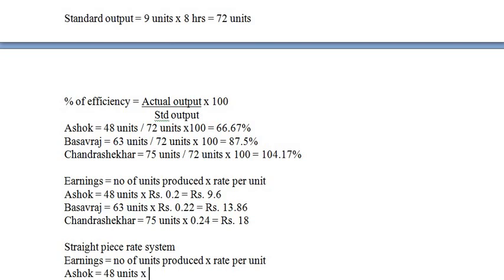Now here under straight piece rate, we will not calculate differential piece rates. Here only one piece rate is applicable, that is basic piece rate. Suppose their efficiency level is high or low, that doesn't matter. Only we need to consider basic piece rate. So he has produced 48 units and basic piece rate is rupees 0.2, that is equal to rupees 9.6.